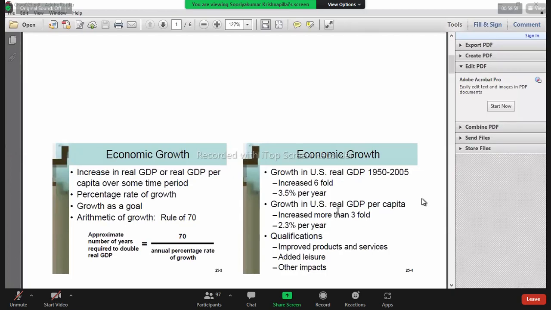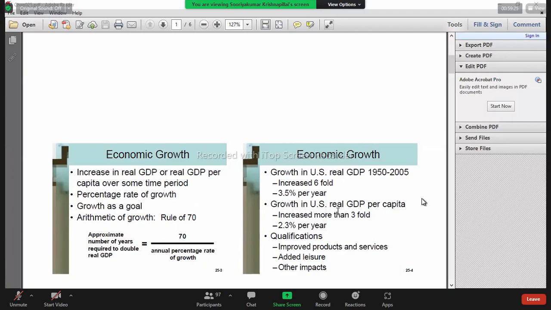In economic growth, we use real GDP, the increase in real GDP or real GDP per capita. For some countries, if the population increases more than the real GDP, then real GDP per capita may be less than the real GDP increase. Then we cannot say there is economic growth.